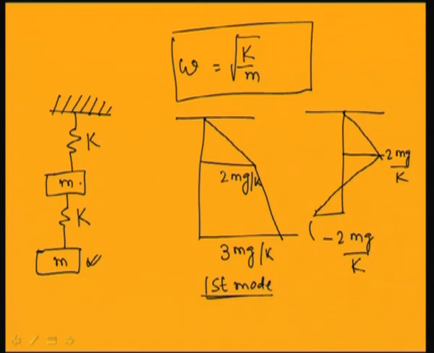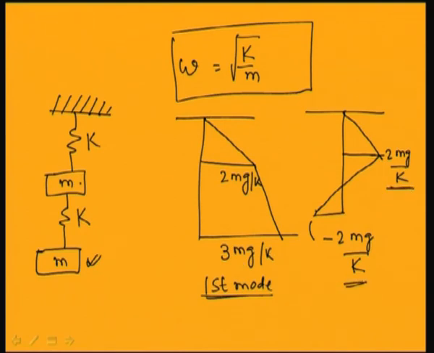So, I have taken the static deflection for mass 1 as 2 mg by k and for the second mass 3 mg by k for the first mode, and for the second mode, as both the masses are moving in opposite directions, I can choose it in this way.